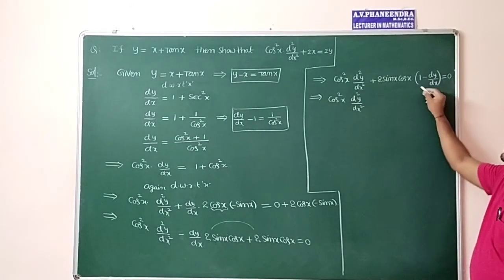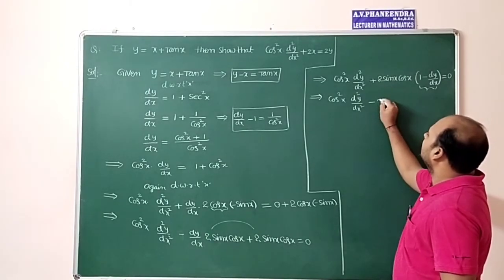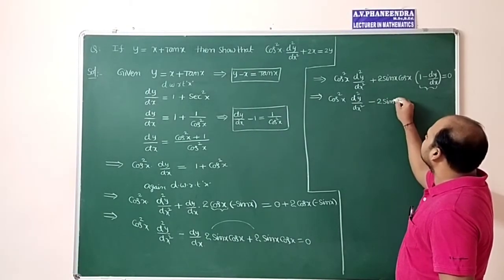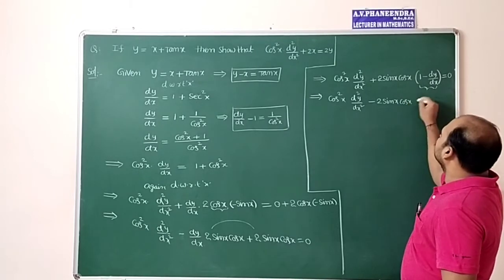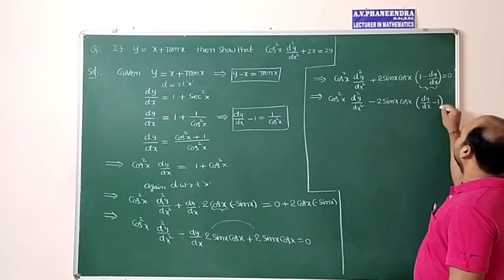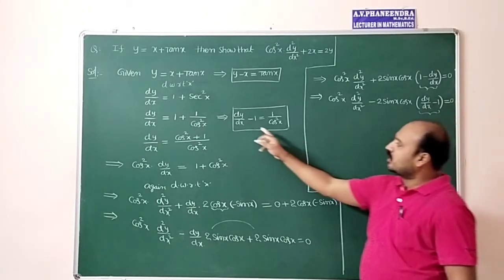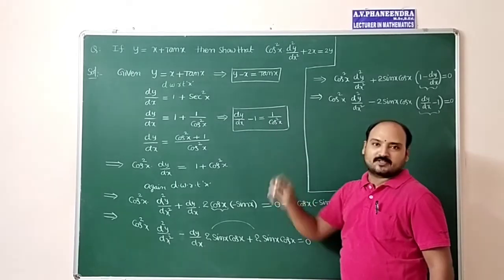What I am doing is, from these two minus I am taking common. Here I am writing as minus 2 sin x cos x into (dy by dx minus 1) is equal to 0. In place of dy by dx minus 1, you have to write 1 by cos square x.